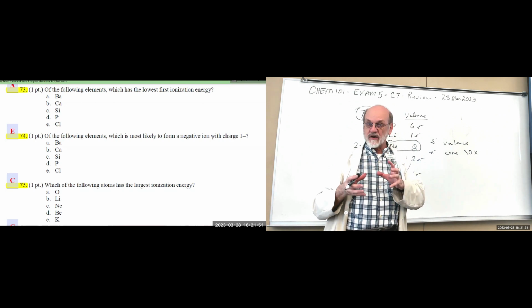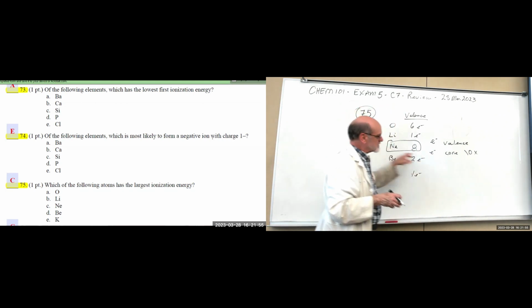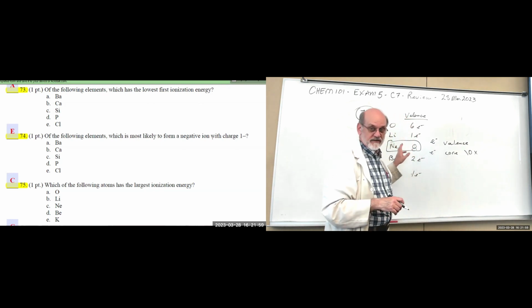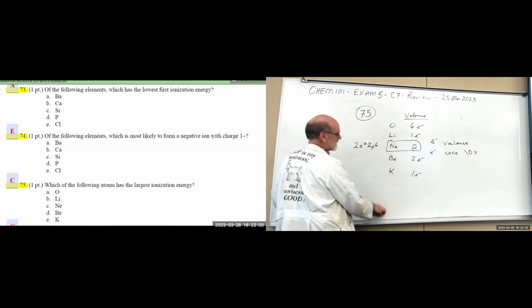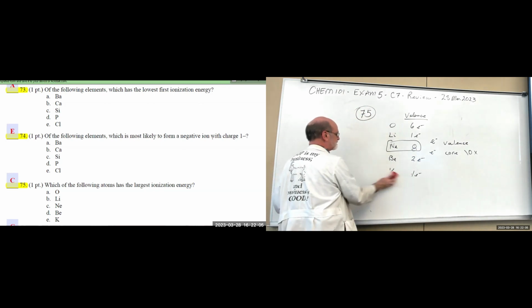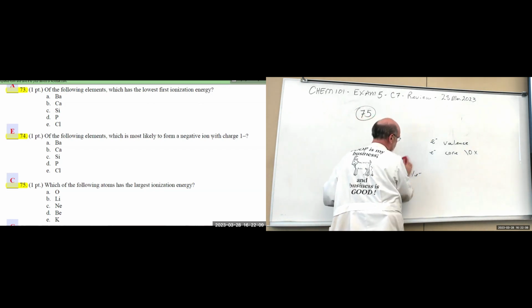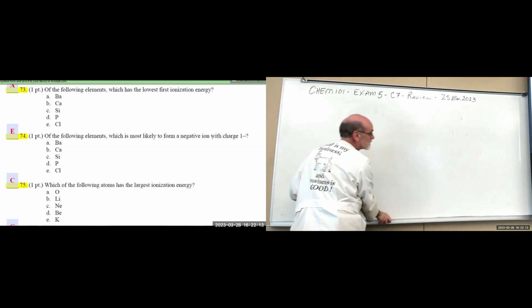They're happy the way they are. If you try to take electrons from these, it's the same as taking electrons from a core. So the neon is going to have the highest first ionization energy. All right, that was 75.